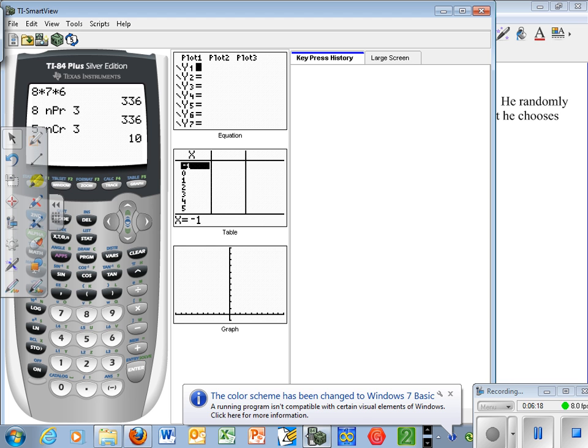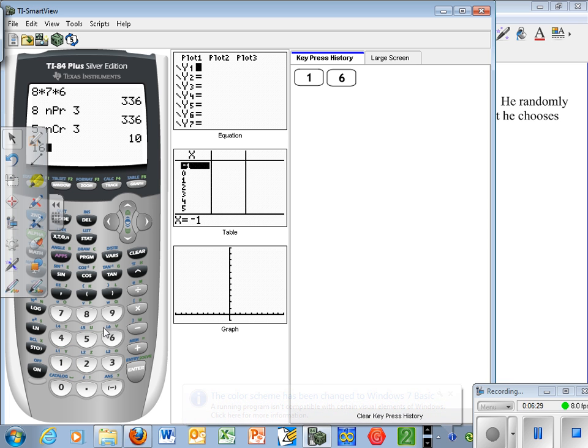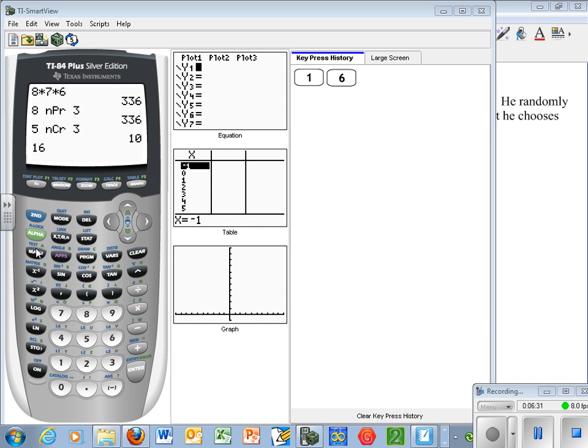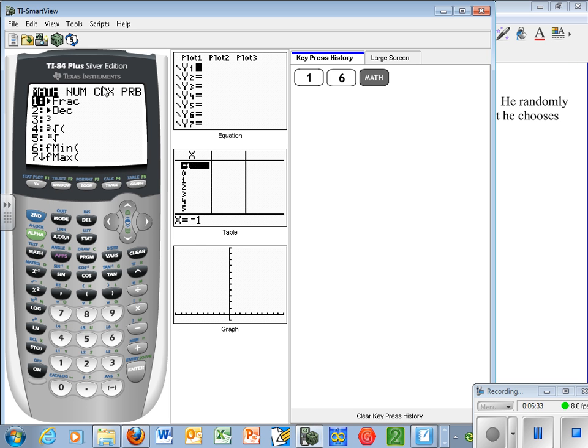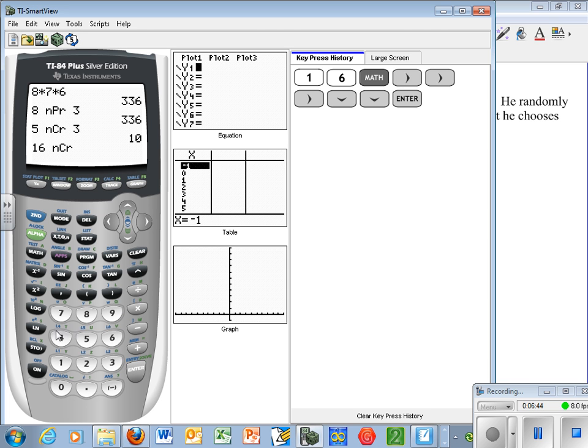So we've got 16, choose 4, so 16, and then I want to go to my math button, arrow over to probability, combinations, so arrow down to combinations, and 4. So as you can see, that's 1820.